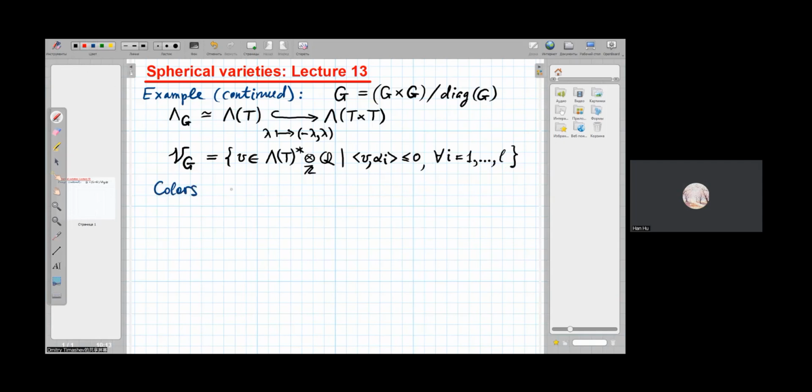The description of colors can be deduced from the Bruhat decomposition in G. The Bruhat decomposition is the decomposition of G into the union of double cosets for the Borel subgroup, or maybe for a pair of different Borel subgroups, which will be more convenient in our situation.